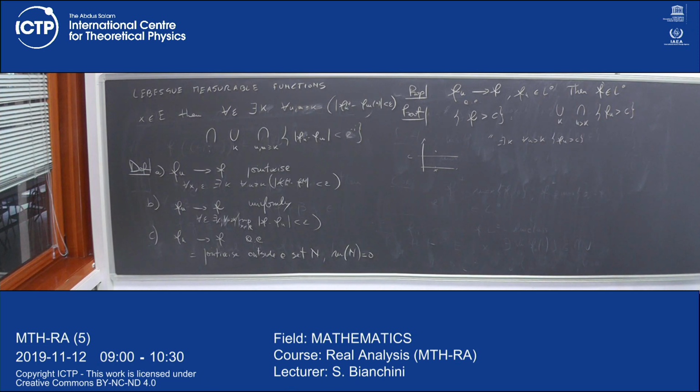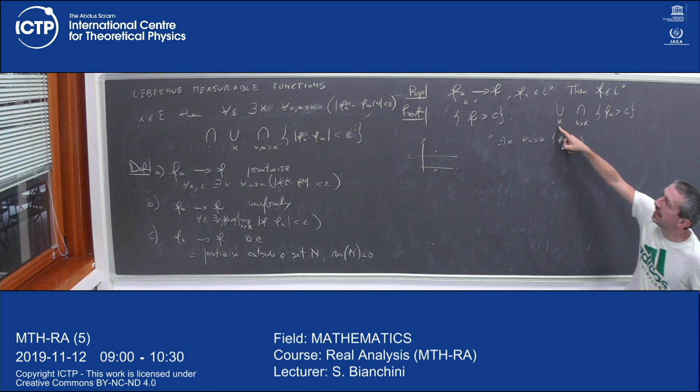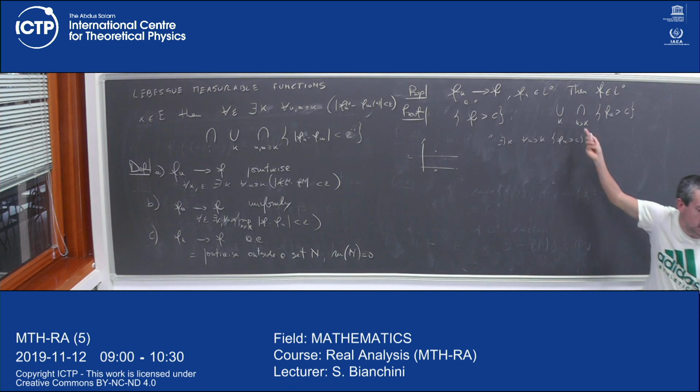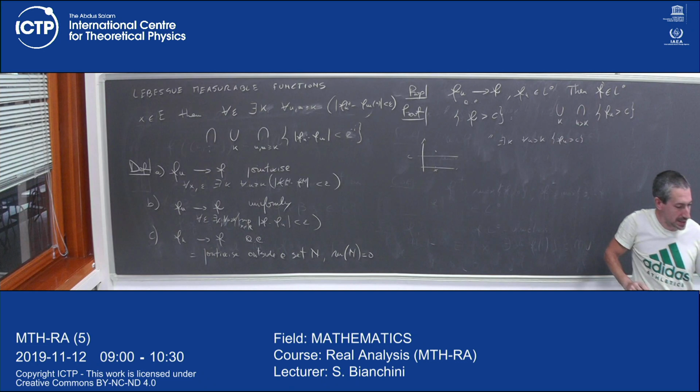Does this K depend on X? No, because for any fixed k, and for any x there exists a k. So at some point, this x belongs to its set. Well, it's correct.